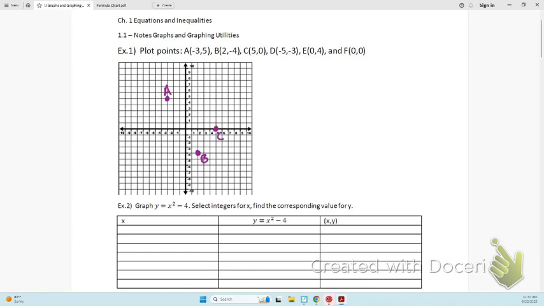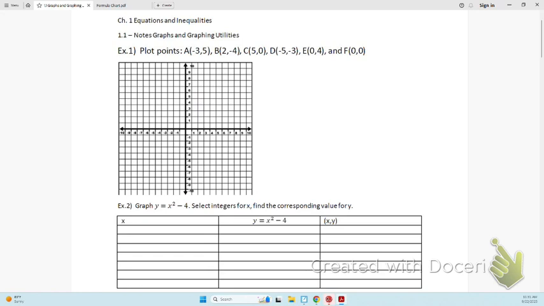For D, we're going left 5, down 3. For E, we're going up 4. And F is right on the origin. All right, hopefully everyone's good with that.